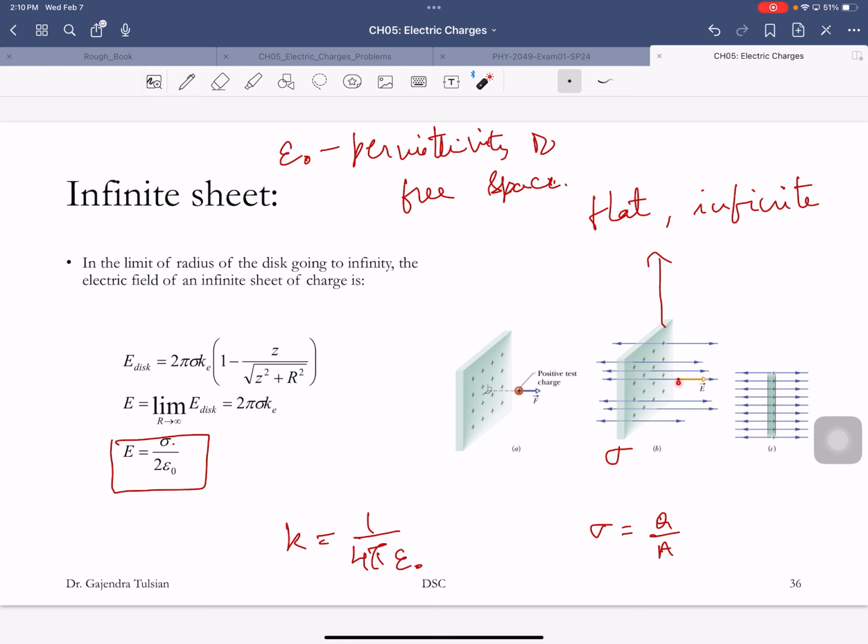And the electric field at that point is given by this expression. I'm telling you that there's something very strange about it. Can you tell me what's strange about it? Isn't the area just infinity?